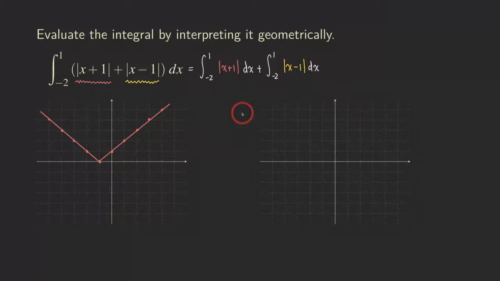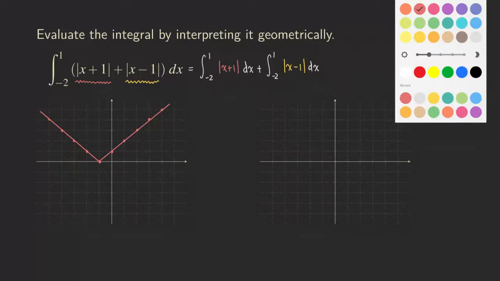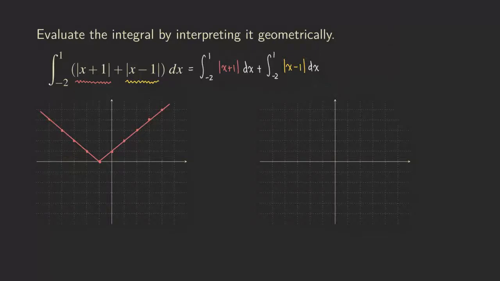Now, what do we want here? We want the area under this graph, and the region must also be bounded by the x-axis. So we go from -2 to 1. We have -2 starting from here, so we are going to look at this region right here.